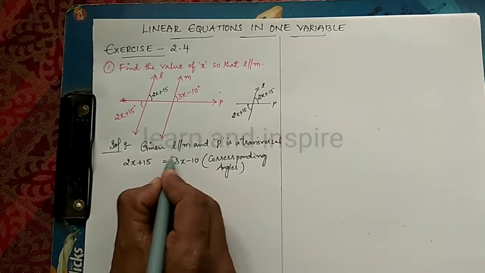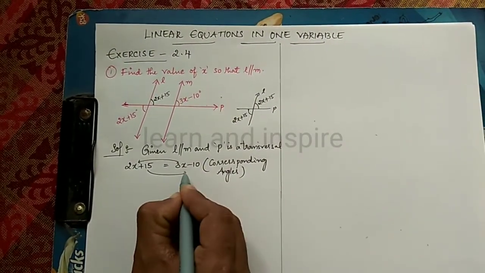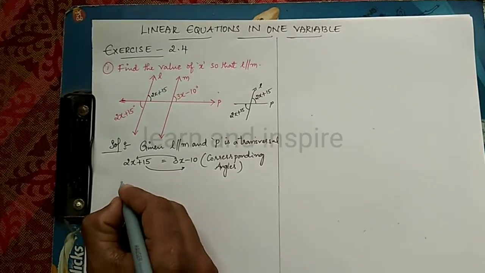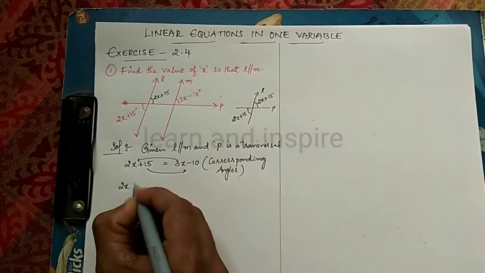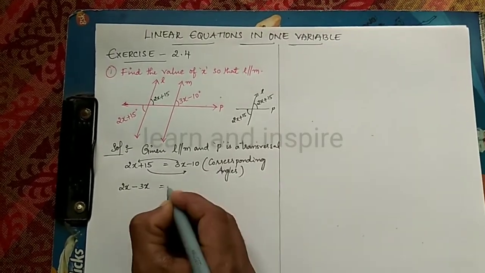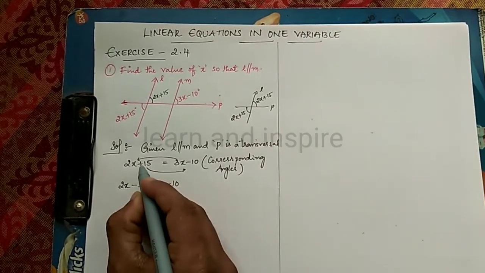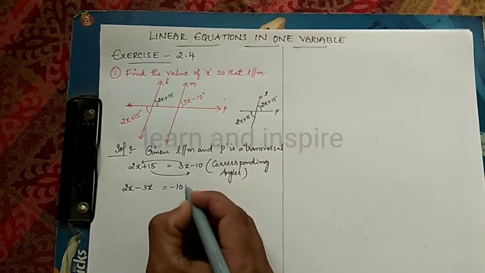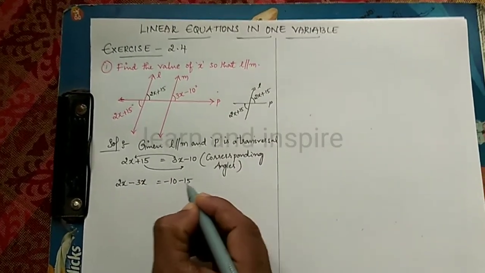Now by transposing the variables to LHS and the constants to RHS, it becomes 2x, and if I transpose plus 3x it becomes minus 3x, which is equal to minus 10 as it is. Transpose this plus 15 to RHS, it becomes minus 15.